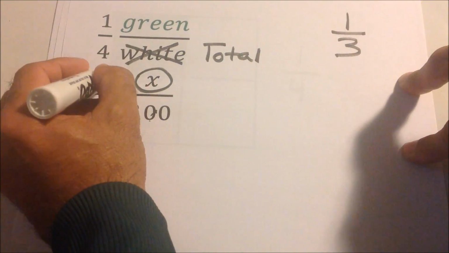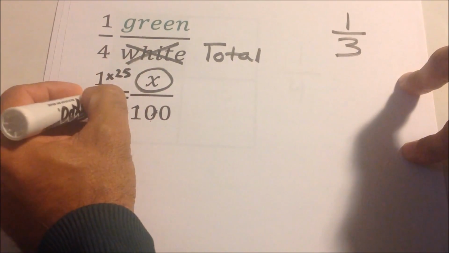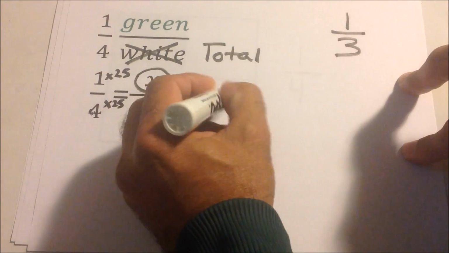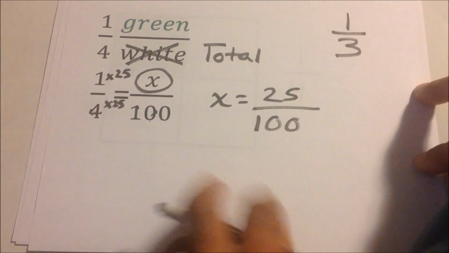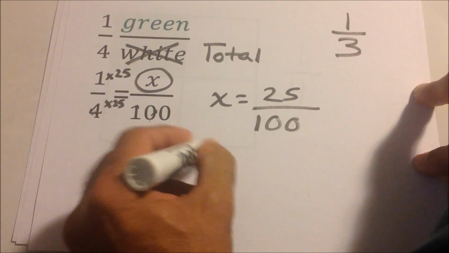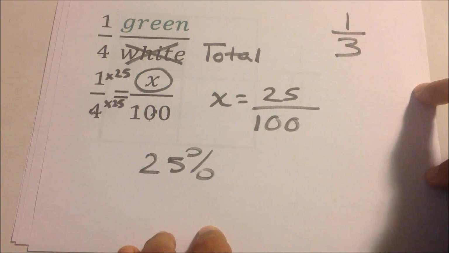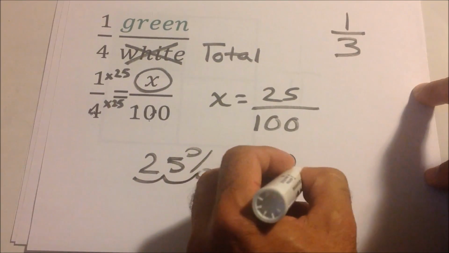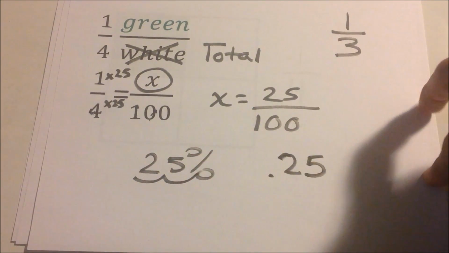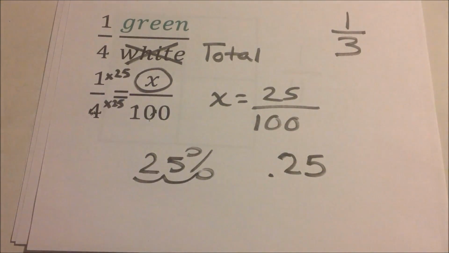So we have to multiply the top by 25 and the bottom. And we know that x is 25 hundredths. And 25 hundredths mean 25%. And the decimal? What's a decimal? Just move it twice. And you get 0.25. So that's one way of doing it, but there's another way.